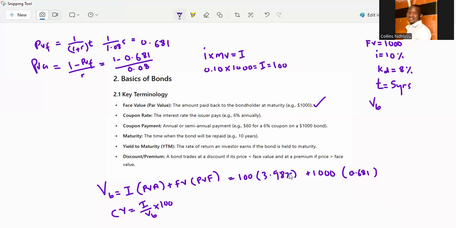Then now we can compute. What do we get? The first one there is 398.75.